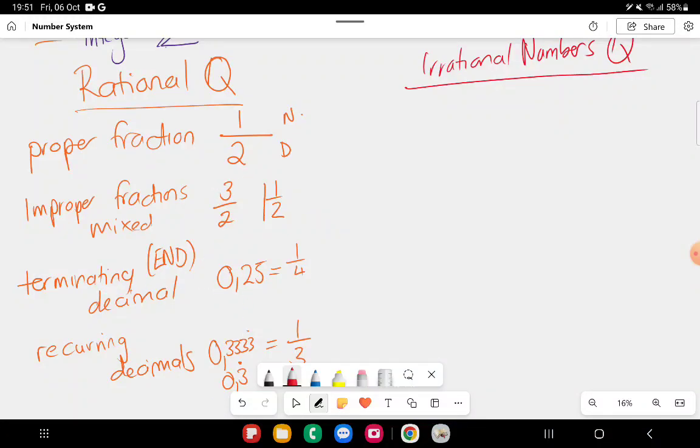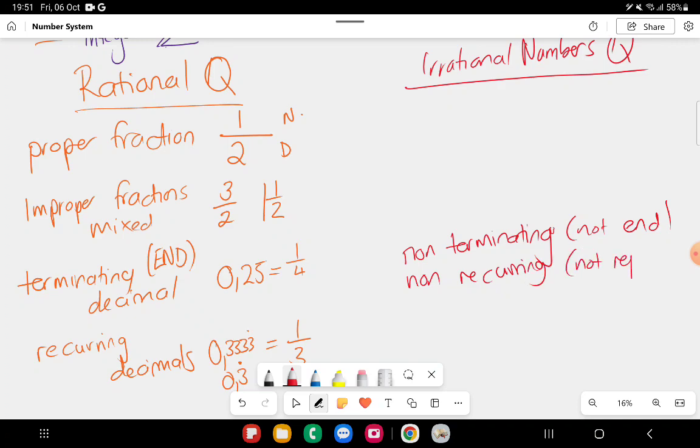Let's talk about decimals. If you have a non-terminating, meaning it does not end, and it is non-recurring, meaning it does not repeat, decimal. If you have a decimal that does not end and the numbers do not repeat in the same pattern, then it is irrational.